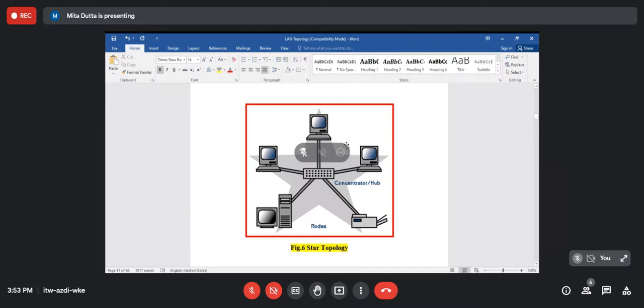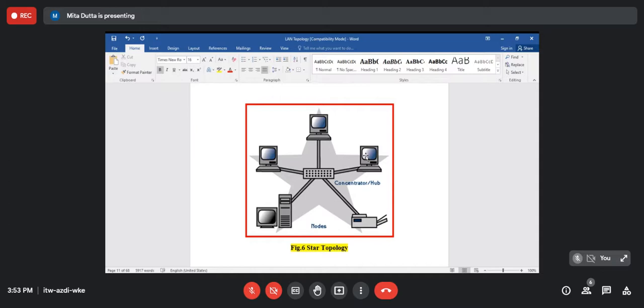Because say it is connected to one port, it is connected to another port, and another port. Say this workstation sends the information to this particular station, and the port at which this workstation is connected, the data will go through that port only and not to the others.